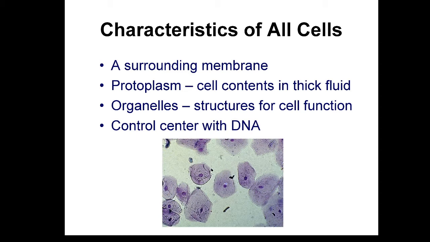They are named organelles. The organelles are structures of cell functions. The cell also carries the genetic information, which we call DNA, deoxyribonucleic acid, or a nucleic acid. It may be DNA or it may be RNA. It is the major controlling unit of the cell.